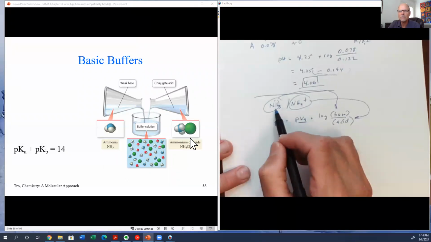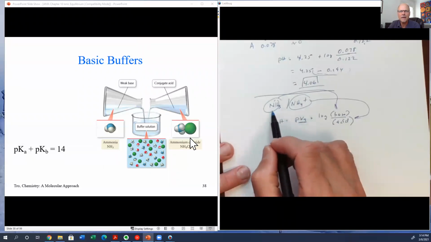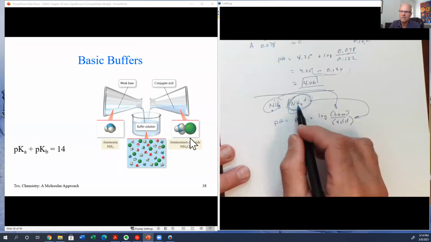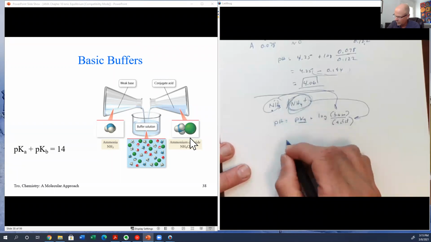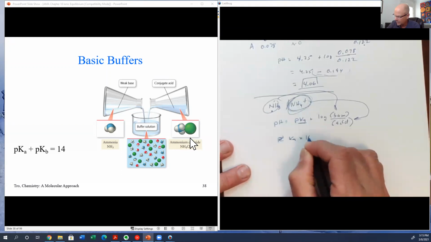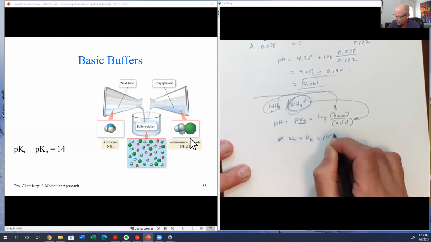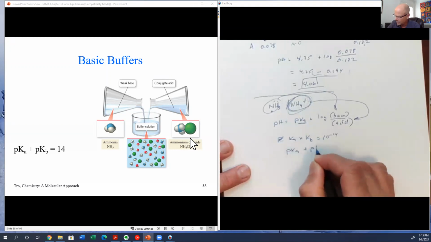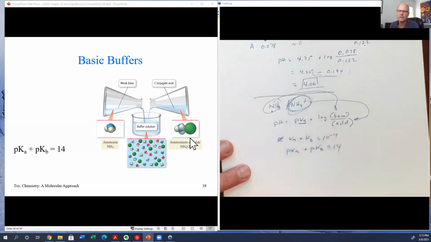So just like when we were solving problems for weak bases and figuring out their pH, we have to figure out pKa for this acid. And what you have to remember is that Ka times Kb is equal to 10 to the minus 14. It's also the case that pKa plus pKb is equal to 14.